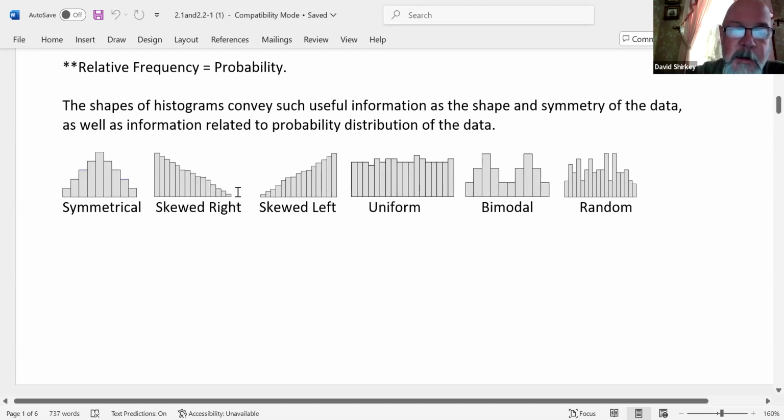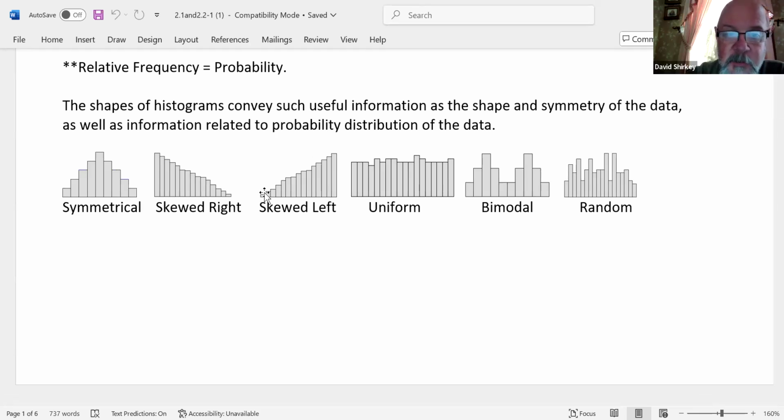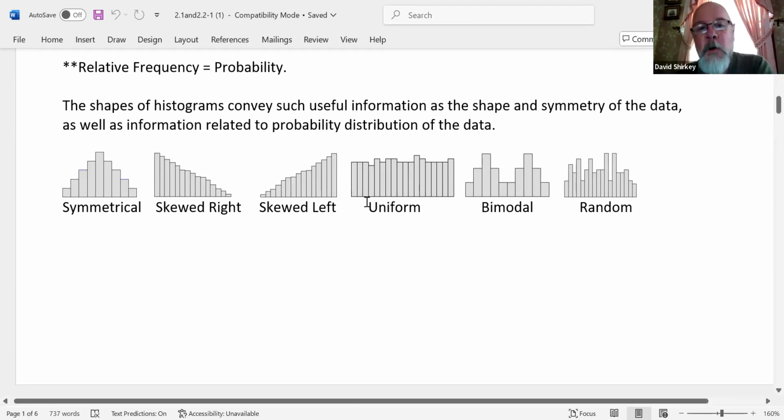So in this case, it's right. In this case, it starts out with small frequencies and gets bigger as you go to the right. That's referred to as skewed left. The data trails down to the left. So you could see, for example, a question on your test about, describe this shape of distribution, multiple choice, pick out which one is correct.